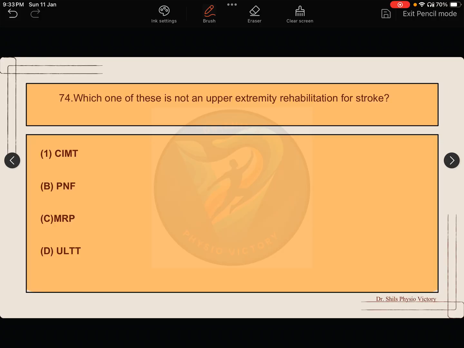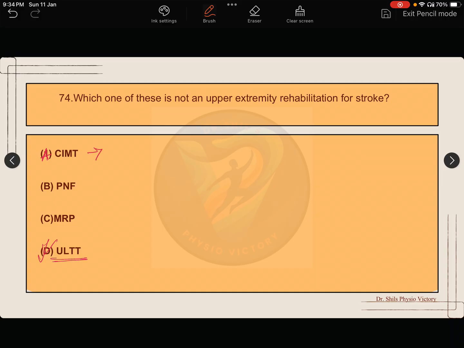Next, come to question number 74. Which one of these is not an upper extremity rehabilitation for stroke? Option A, CIMT, option B, PNF, option C, MRP, option D, ULTT. Here, the correct answer is option D. Upper limb tension test is a diagnostic test, not an extremity rehabilitation for stroke.